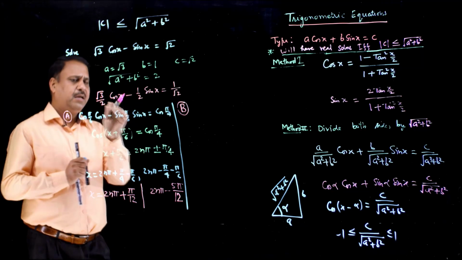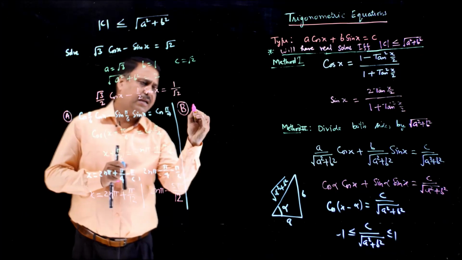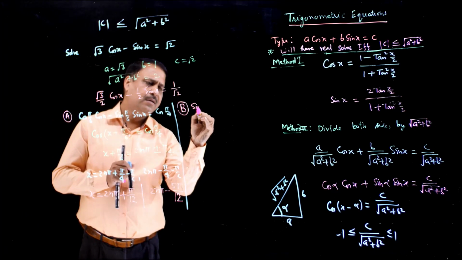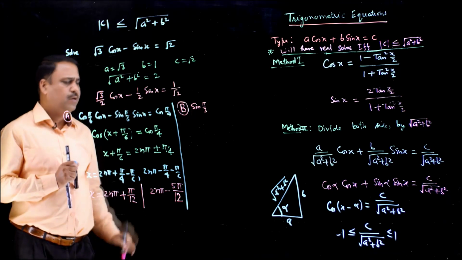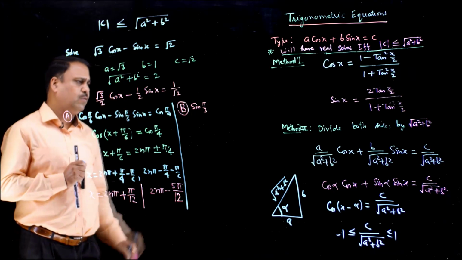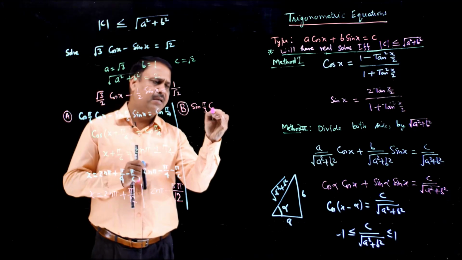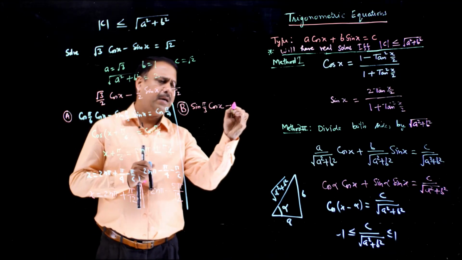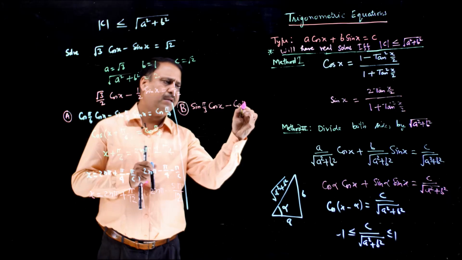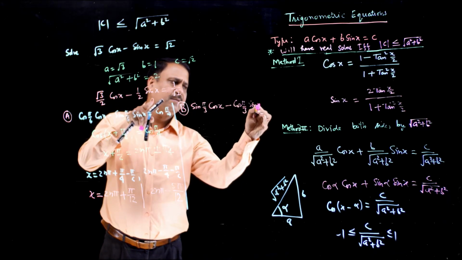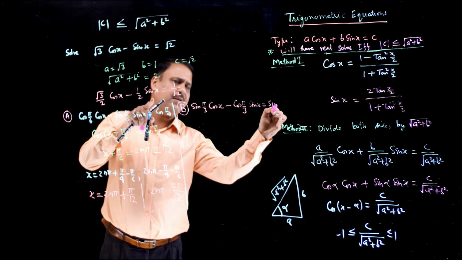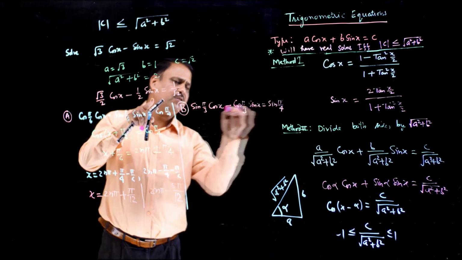For example, here under root 3 by 2, I can write sin pi by 3, which is also under root 3 by 2, cos pi by 6 is also under root 3 by 2, into cos x minus cos pi by 3 sin x is equal to sin pi by 4. In this form also I can write.